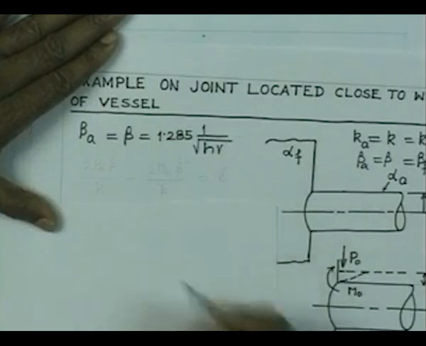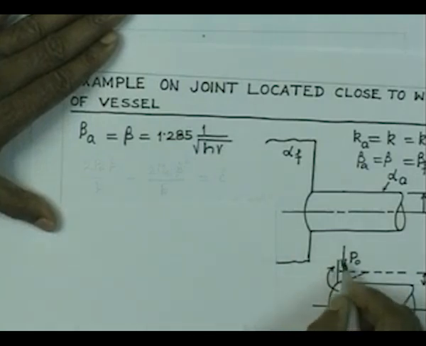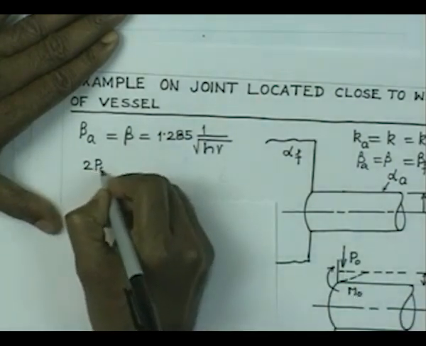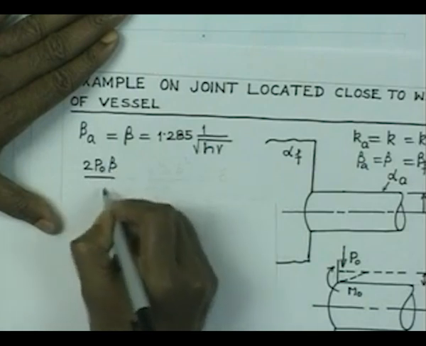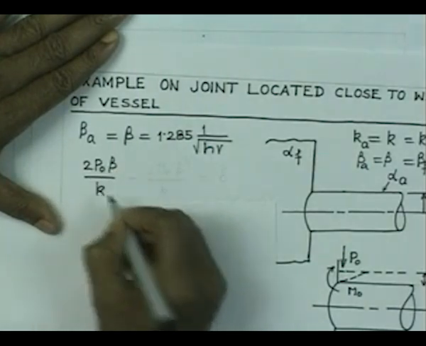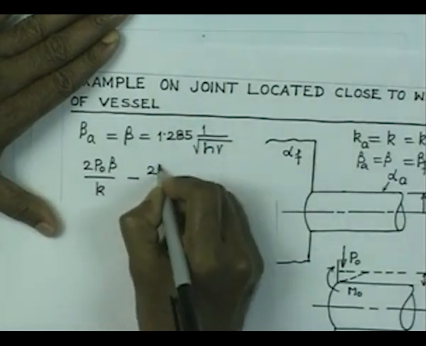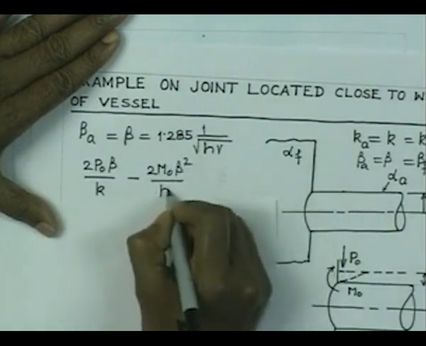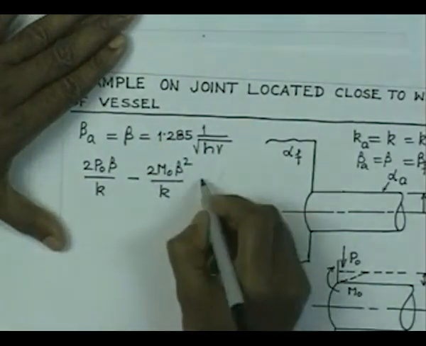Now, if we consider the movement under the force P0 and M0, that is calculable from the results that we had earlier: twice P0 beta by K minus twice M0 beta square by K. This is directly from our derivation, and that is equal to delta.